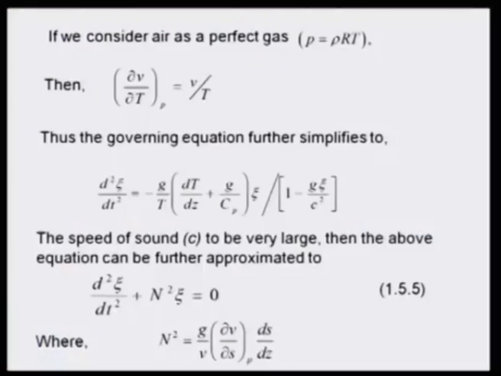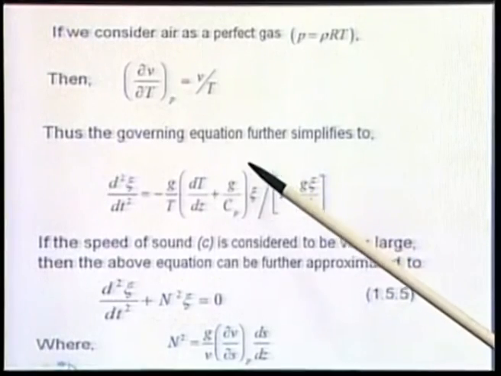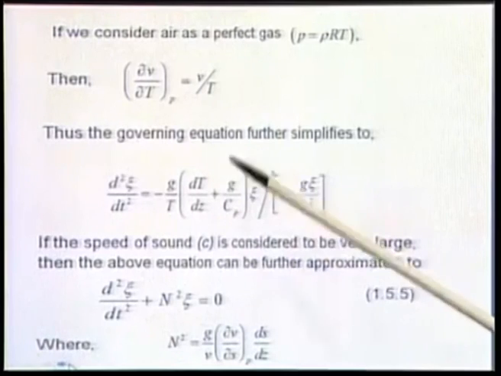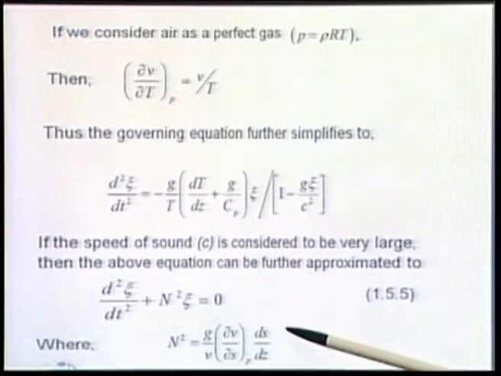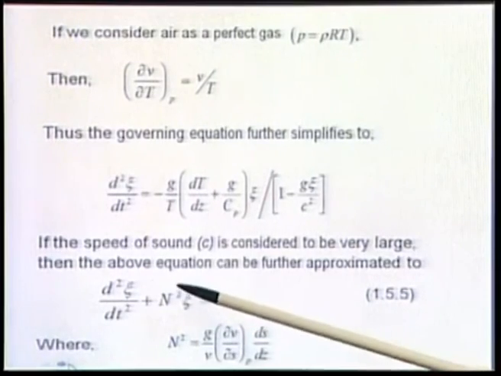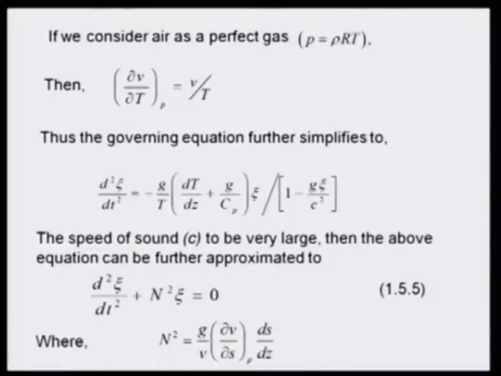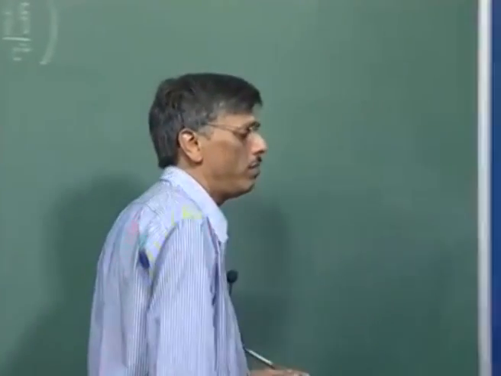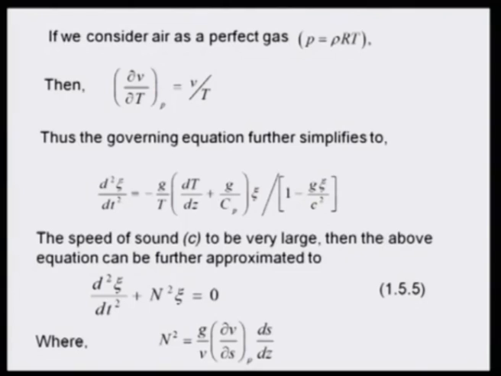It is customary to consider this quantity in the numerator, the original quantity before simplification, as n square. The idea of making it n square would be apparent when you look at equation 1.55.